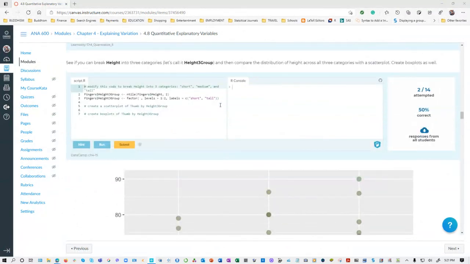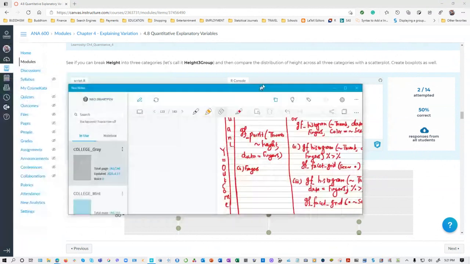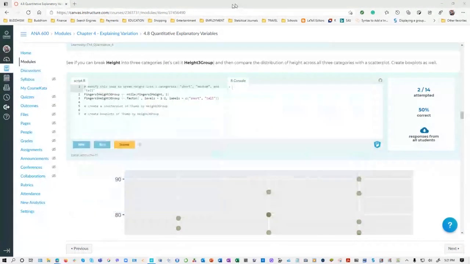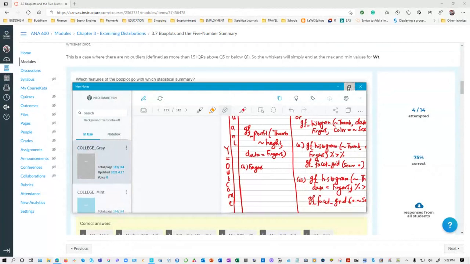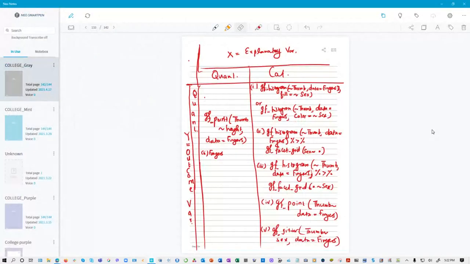You can talk about it here. I'm going to give it some kind of a code: put it back into the data and say height 2 groups, let's say 2 groups.